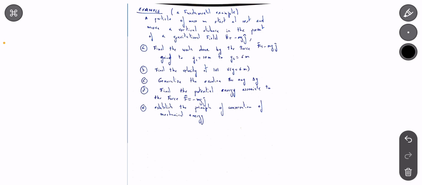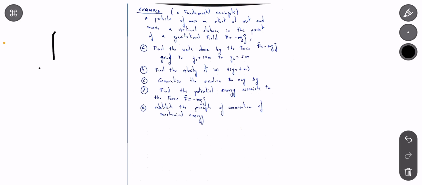B says find the velocity v at y equals 6 m, basically the final velocity. And we use the same equation we used originally to find a difference.